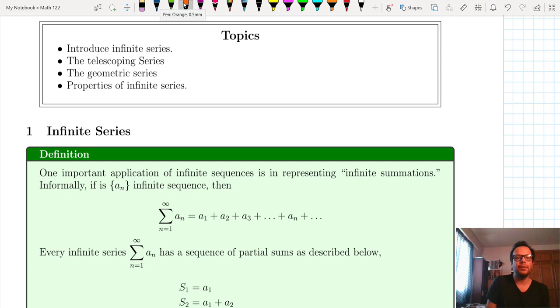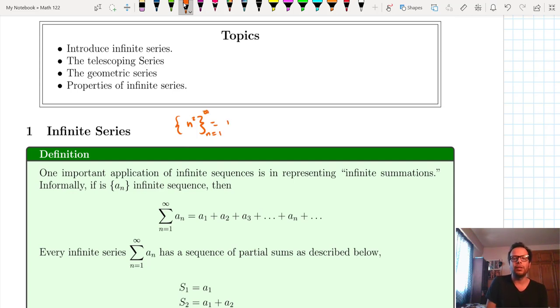So suppose we have the sequence, let's keep it simple, n squared. So we develop a few terms starting at 1 and finishing at infinity.